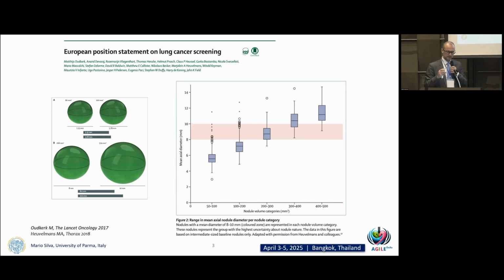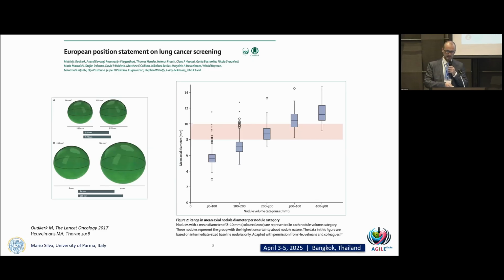Actually, it is an extremely precise tool when we have certain conditions, starting with the CT protocols, because when we use volume, actually we can stratify with a good precision into the categories that are our categories for risk stratification.